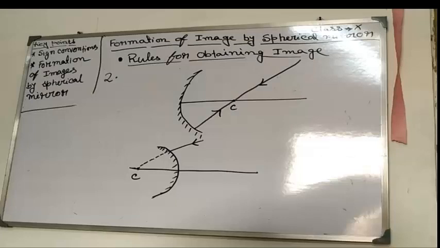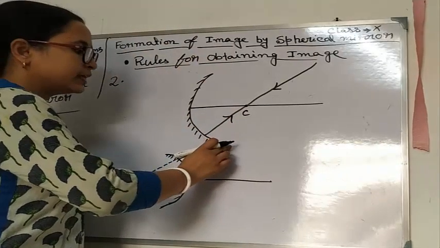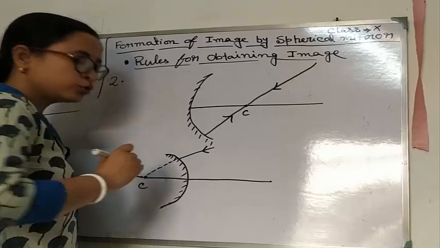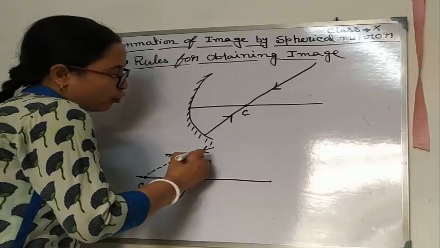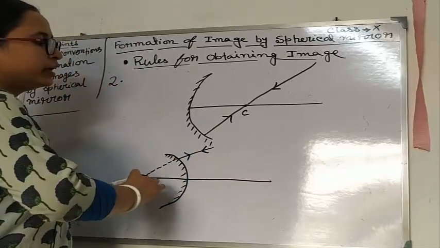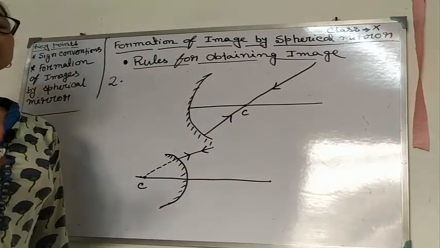Now what will happen for convex mirror? The same rule is there. Like this, let us draw a convex mirror. See, suppose the incident light comes like this and is passing through the center of curvature. After reflection, it will follow the same path. That means it reflects back in the same way. So, two rules we have learned.